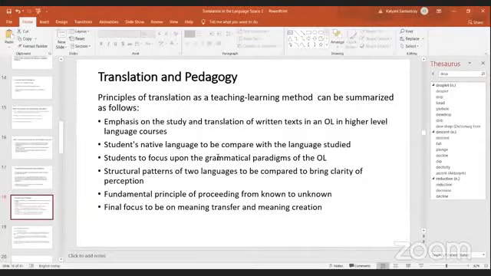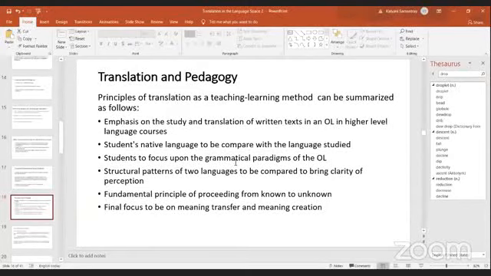Students should focus upon the grammatical paradigms of the other language so that along with their fluency, accuracy also develops. We cannot have excuses for accuracy. For an adult level user, an adult level producer of texts in the other language, accuracy cannot be a casualty.